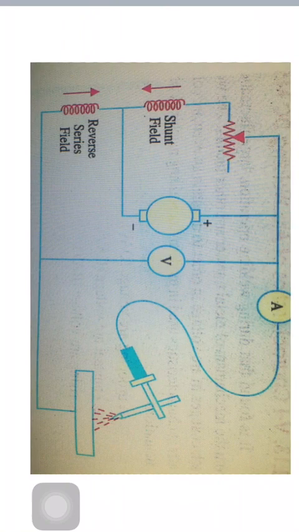After the arc has been established, current flows through the series winding and sets up a flux which opposes the flux produced by the shunt winding. Because of this opposition, the net flux decreases and the generator voltage also decreases.